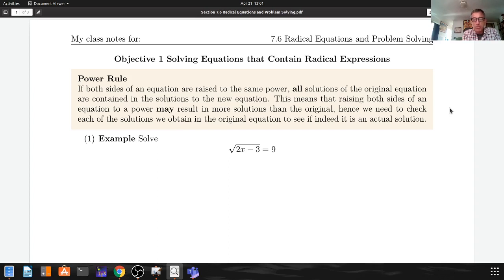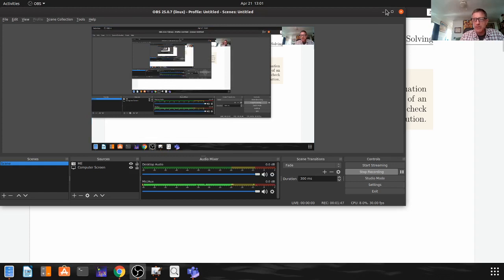So the basic takeaway from the power rule is squaring keeps the original solution, but it may add others.